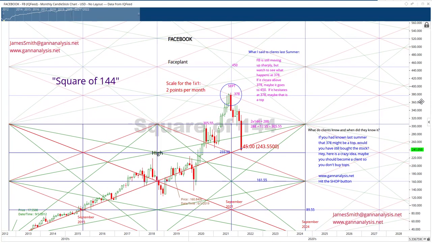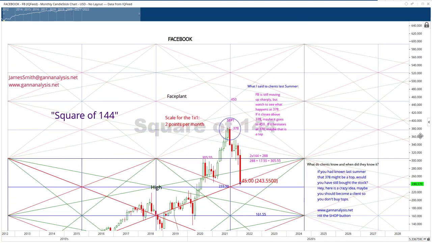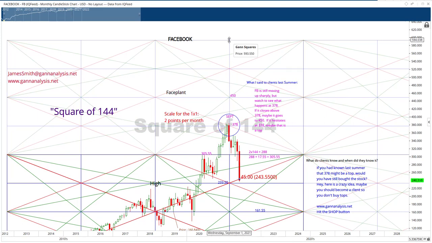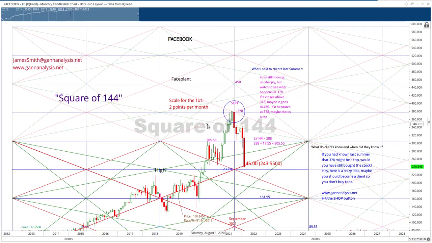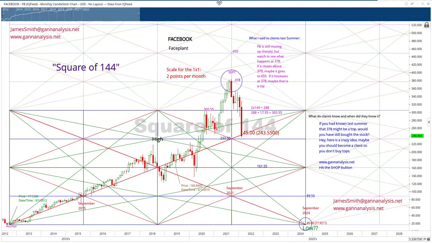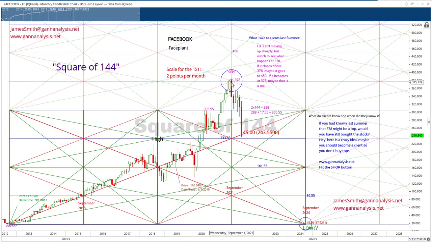Instead of stopping at the top of the square, you can do 2 squares if you want, another 288 points up here. Another division here. This is just 1/4 of that next division up. And this might strike you as a little weird, but hey, it has offered resistance.